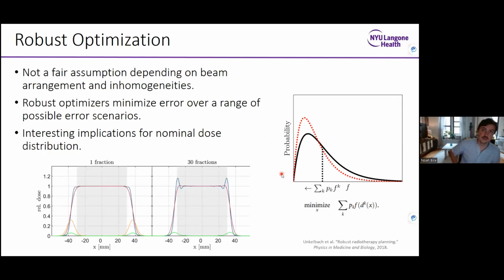So this is a pretty fair assumption for most photon planning, but it's not really fair all the time, depending on beam arrangement and inhomogeneities. So a plan that consists of only coplanar beams might be more sensitive to shifts in one direction than another.